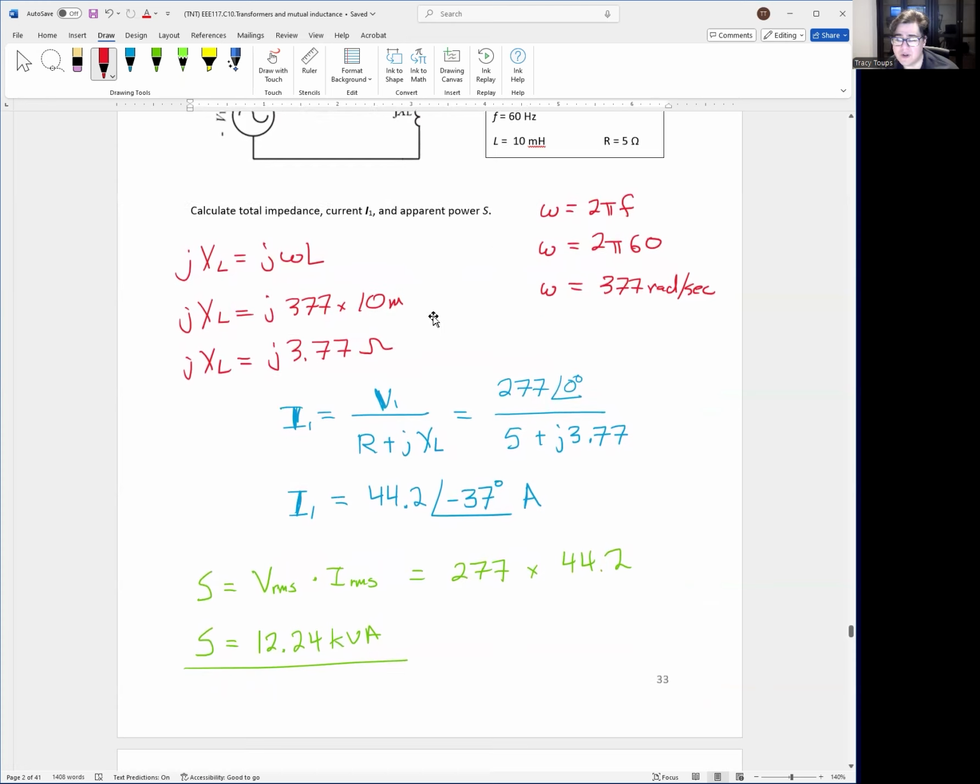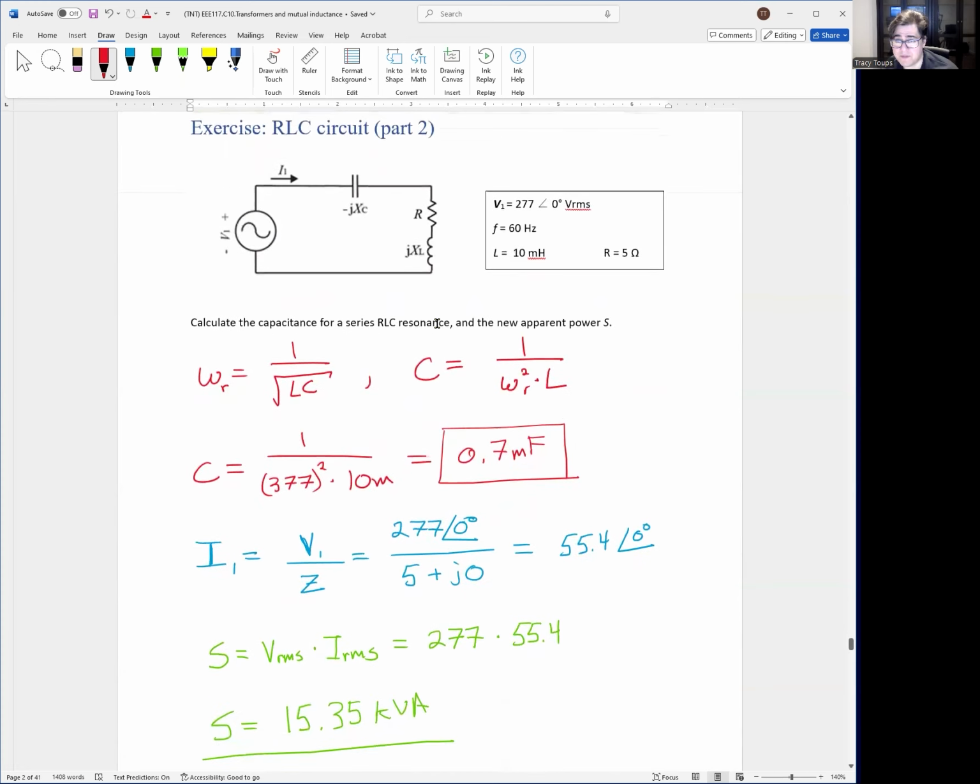Now, we could get a benefit for our RLC circuit by adding in a capacitor to cancel out the inductor. Remember, in an RL circuit, that inductor most likely is just there because we can't help it. Think of it like a motor with a magnetic field: we have to use a magnetic field to make a motor operate, and we can't get away from it.